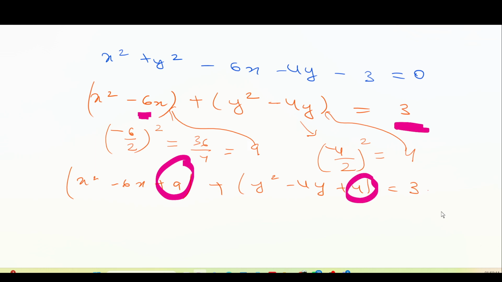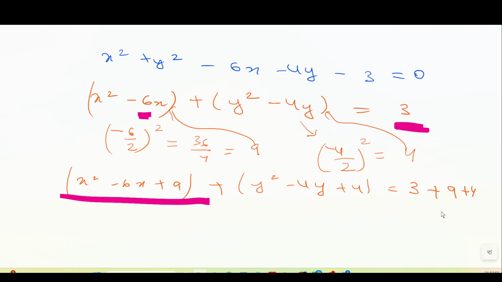So here we have 3, 9 and 4, okay. Can you tell me this in whole square format? It will be x minus what, whole square?